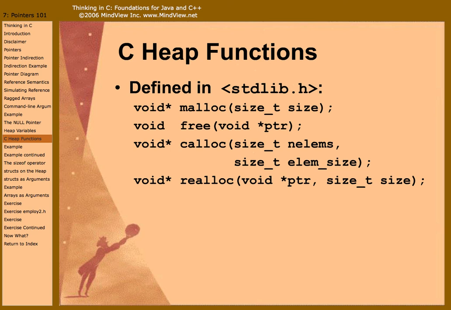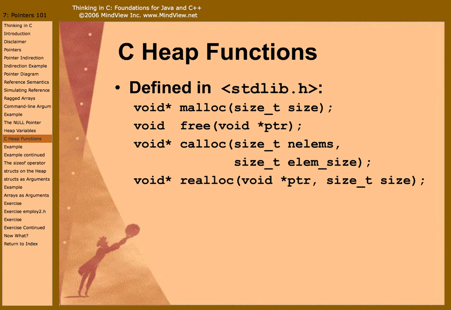Well, malloc doesn't really care how you're going to interpret the memory you get back. That's your business. And so we need some kind of generic way of saying, well, it's a pointer. And that is called void star. So any pointer can be represented as a void star, but you need to store it into a pointer of the correct type before you can actually use it. You'll see this in the next example.